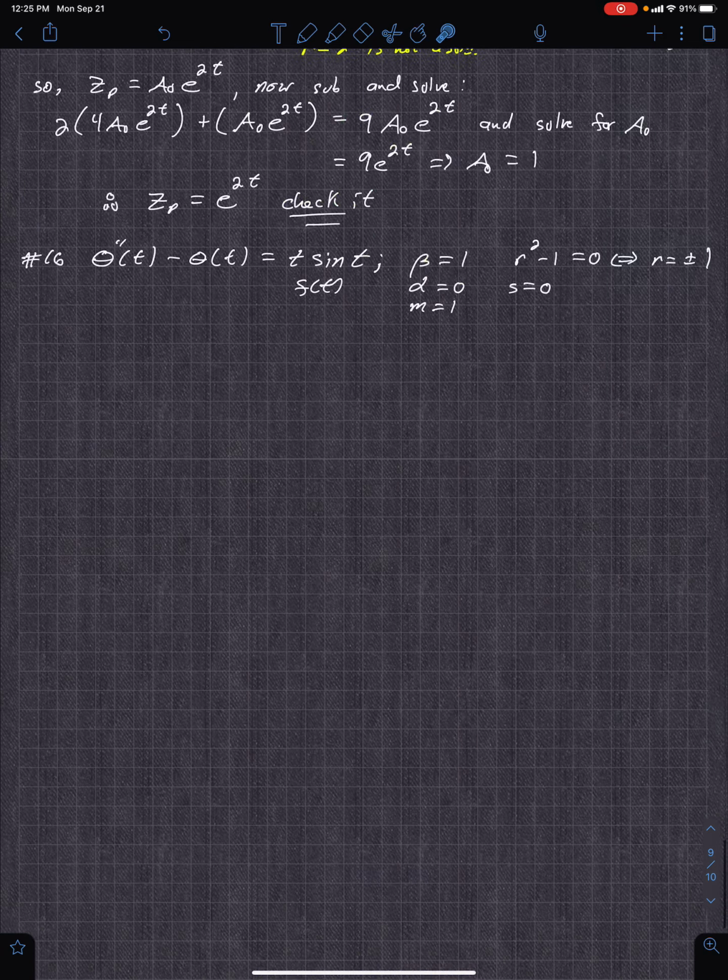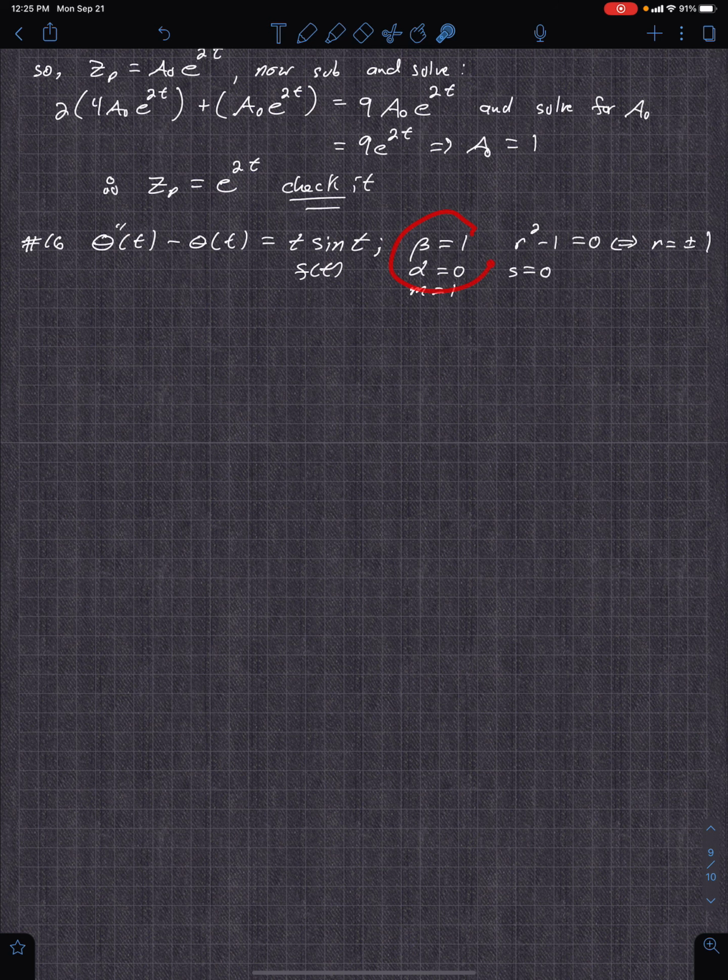So if you go back to here, here's your alpha and beta. So s is equal to 0 since 0 plus i is not a root of this, because the roots are 1 and negative 1.